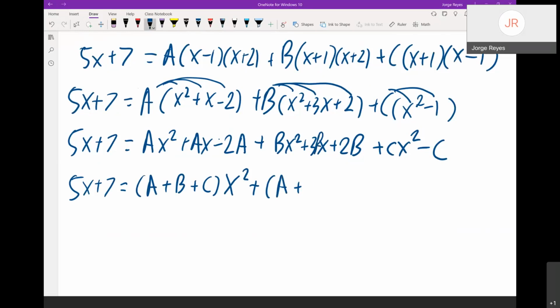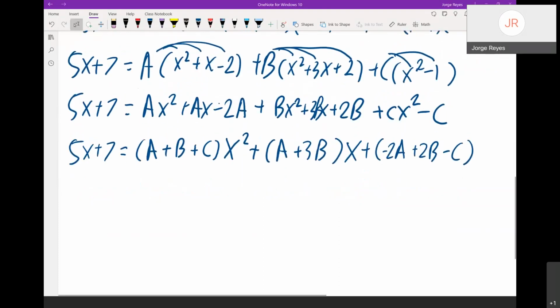I forgot the B, 3B x, plus negative 2A plus 2B minus C, and that's what we get.